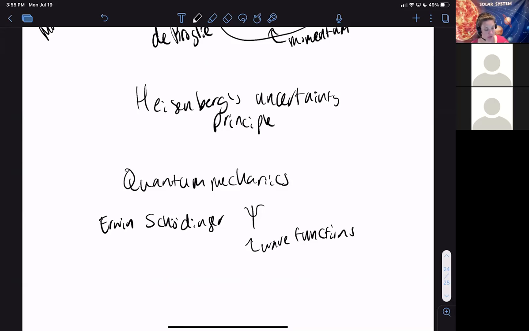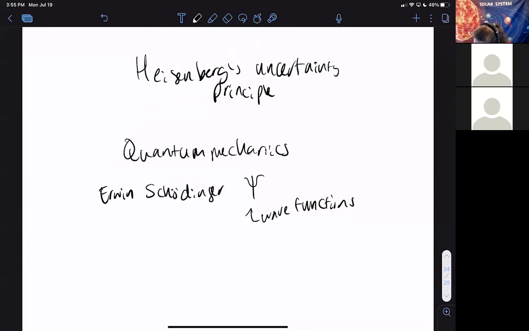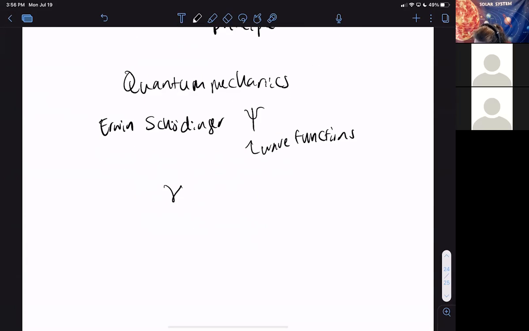And when these wave functions are solved and we take the square of our wave function, we're able to determine a probability of finding an electron based on its energy. So from quantum mechanics, you get your quantum numbers.